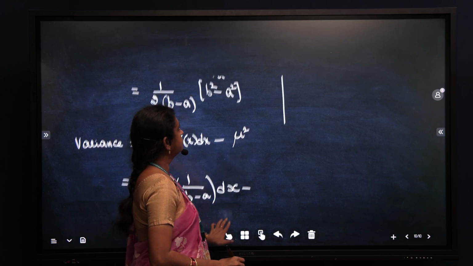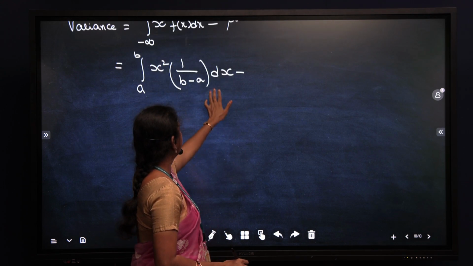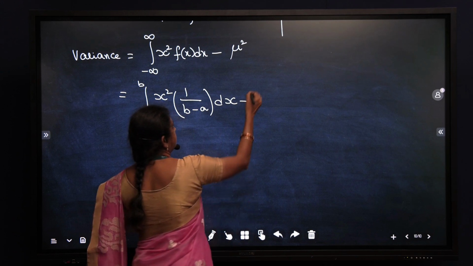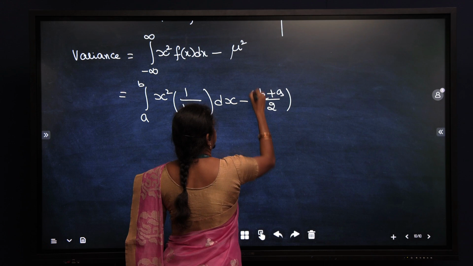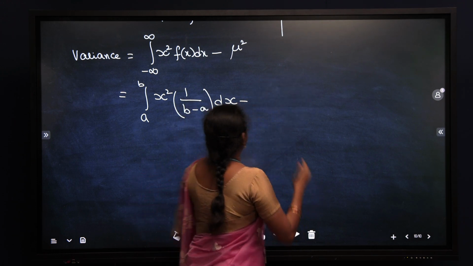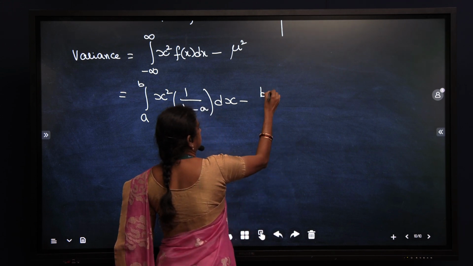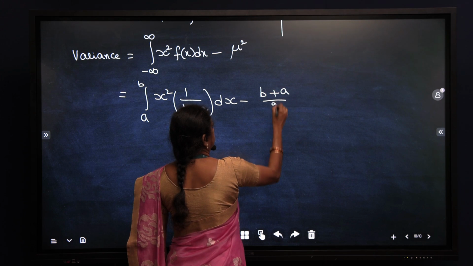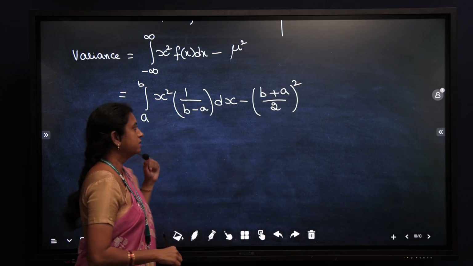As we have seen, mu is given by b plus a by 2. So substituting, we have minus b plus a by 2 whole square. Now we'll simplify this and find the variance.